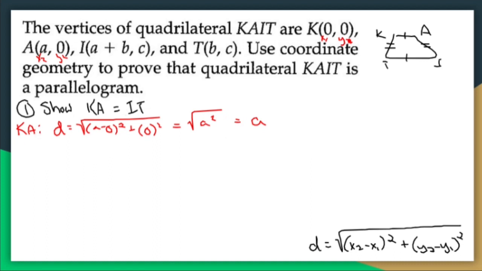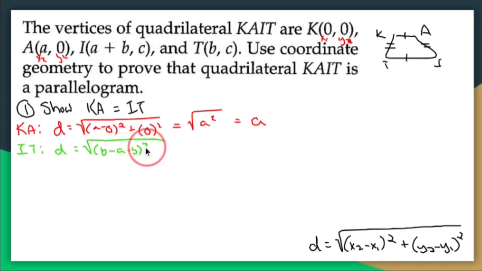So the distance of IT has to be a as well. IT, distance formula. Let's let one point be our 2's and the other be our 1's. So x sub 2 minus x sub 1 is going to be b minus (a + b). Now be careful. If I'm subtracting both a and b, it's going to be a minus b.